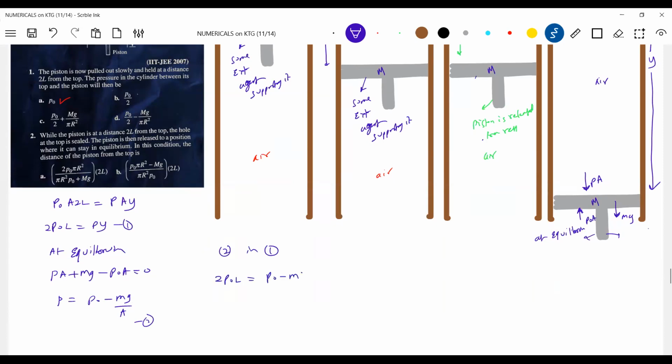P is P naught minus mg by A. What is A? A equals pi R square, capital R. Getting the idea? Nothing big here.